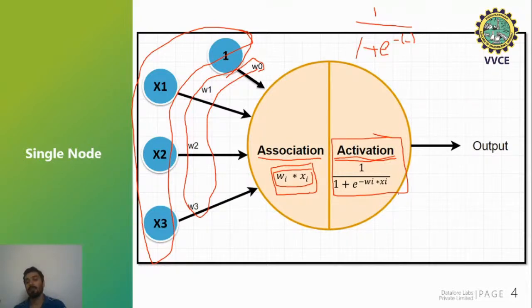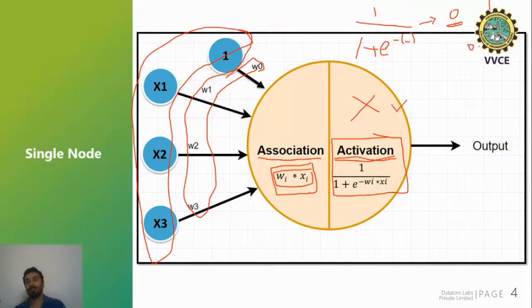In an activation function, what we do is take the output of the association function and apply some mathematical function that brings the value into a certain range. If you use the sigmoid activation function, it will bring the value into the range of 0 to 1. If the value is 0, that means your neuron is not activated. If it is 1, it is completely activated.